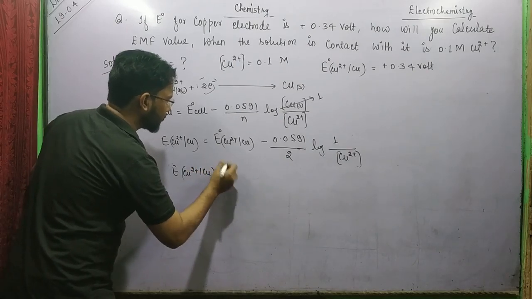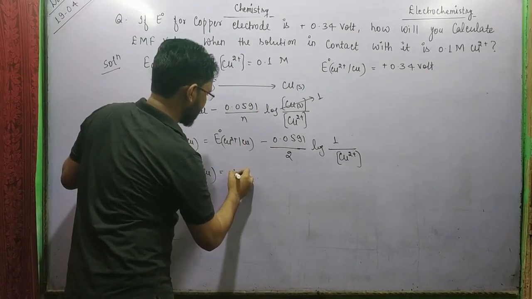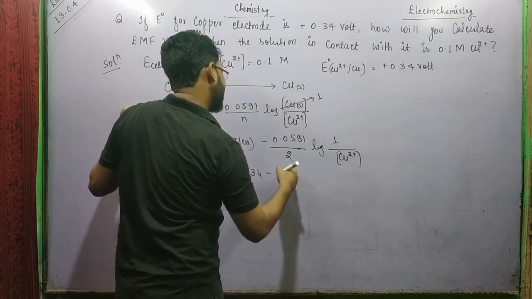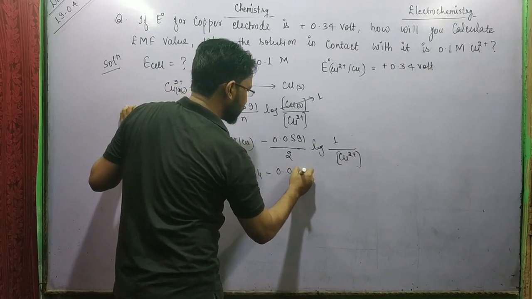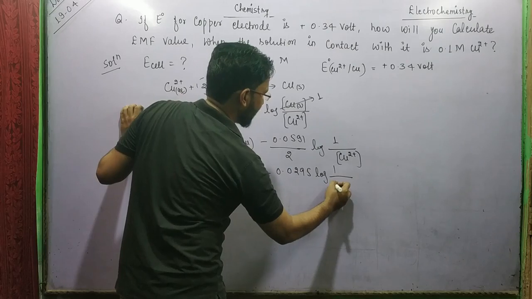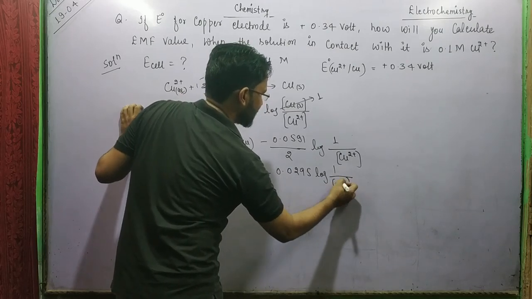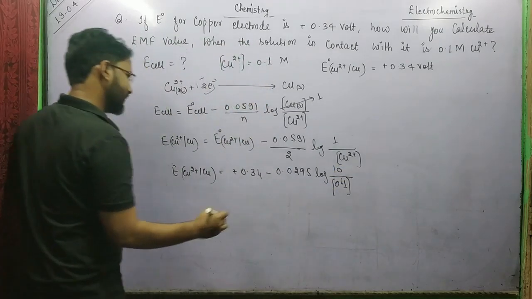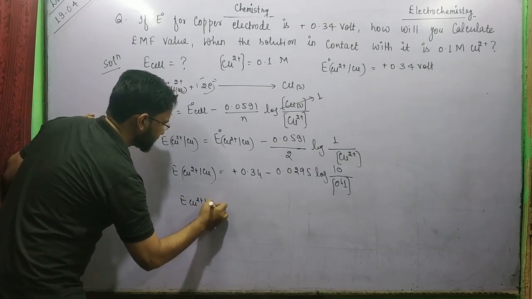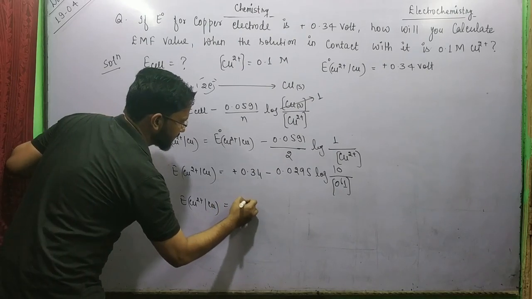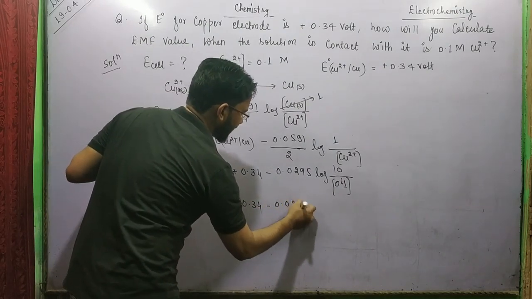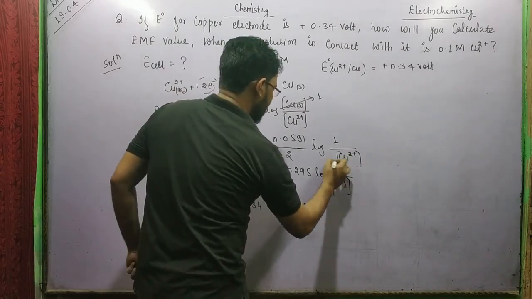Putting the value of E naught, plus 0.34 volt minus, when we divide this value, 0.0295 log Cu2+ is 0.1, which is 10 to the power minus 1. So E Cu2+/Cu equals plus 0.34 minus 0.0295 times log 10.